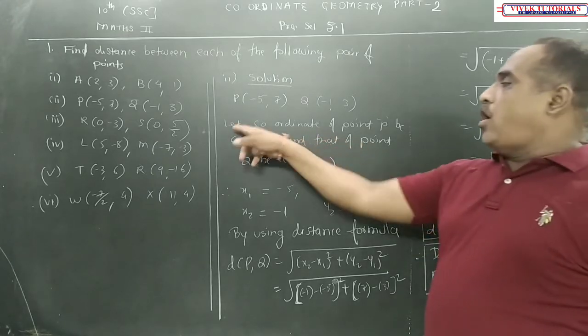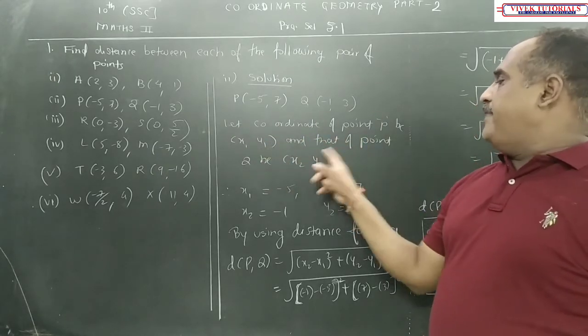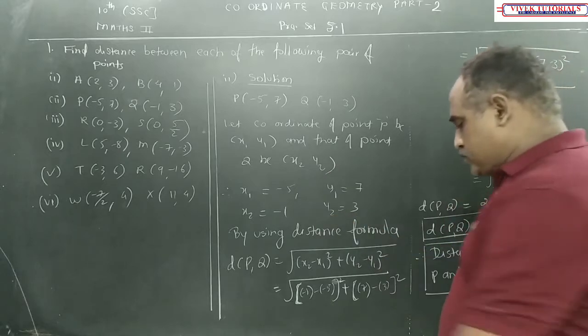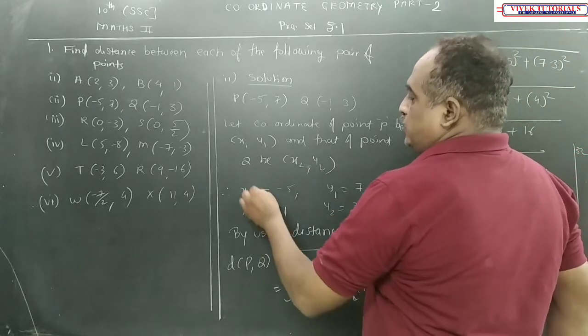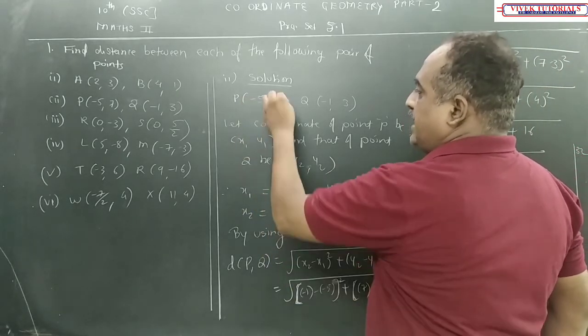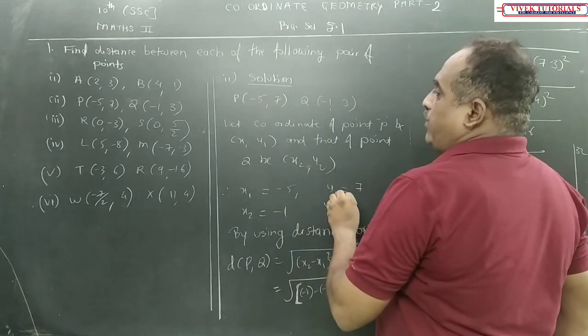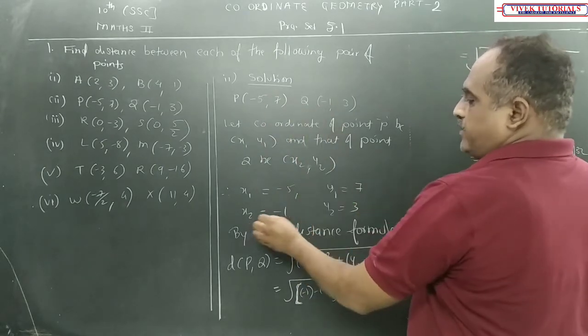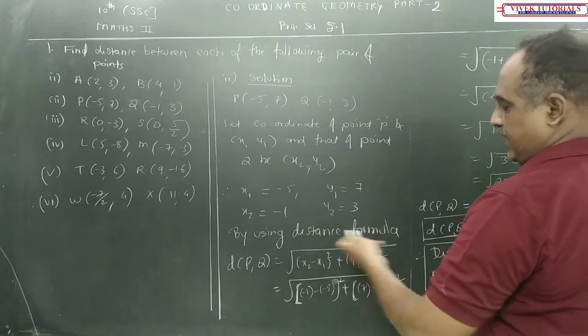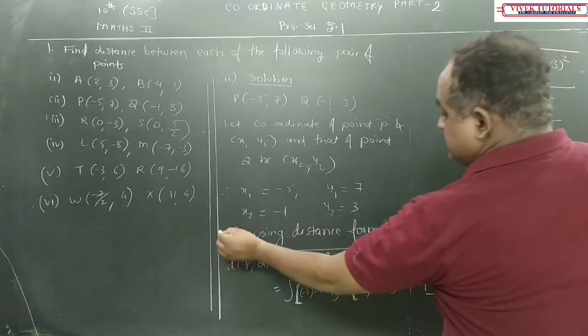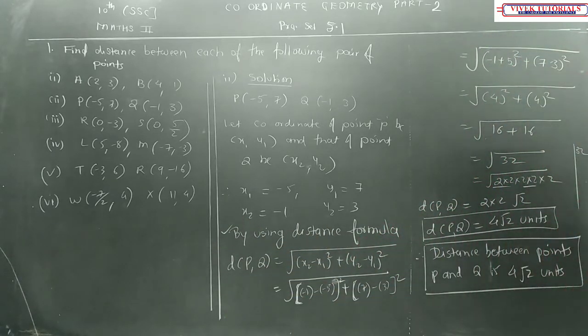Let the coordinate of point P be x1, y1, that of point Q be x2, y2. So x1 is -5, then y1 is 7, x2 is -1 and y2 is 3. By using distance formula, this you must write, otherwise they'll cut your half mark, and you are going to do it properly. Don't make silly mistakes, you'll get the answer. Copy down it properly. That was in the video.